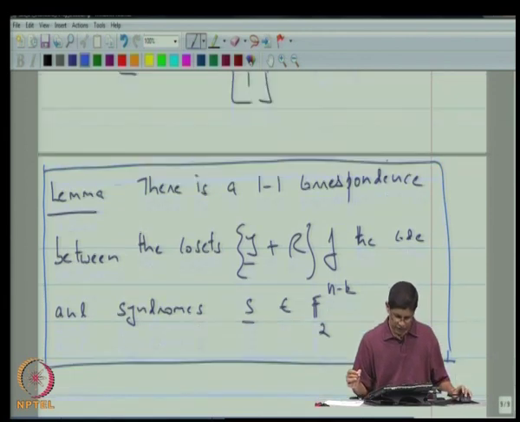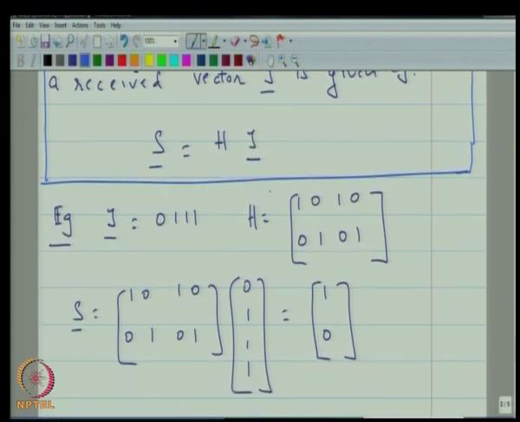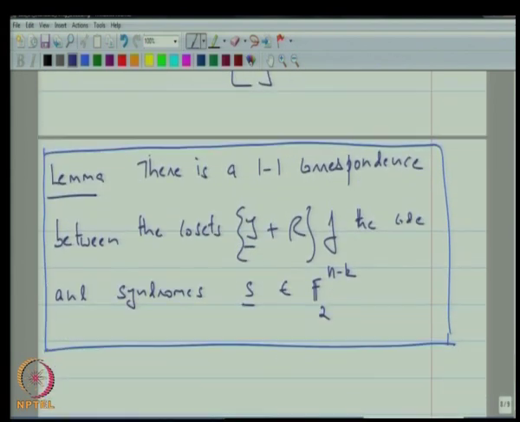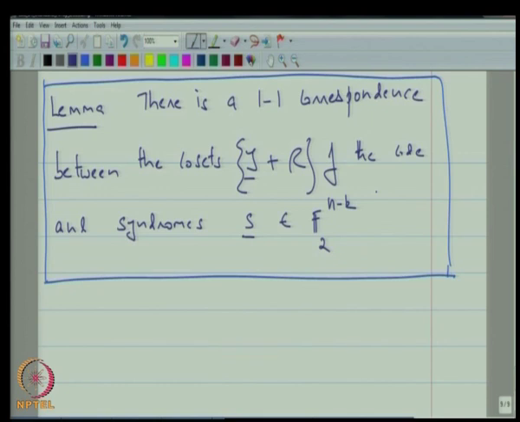Back over here, you notice that in order to compute the syndrome you multiply H by y, and we also know that this matrix H is an n minus k by n matrix. Okay. So, that is why this resultant vector will always have n minus k components, and that is the reason for putting n minus k there.